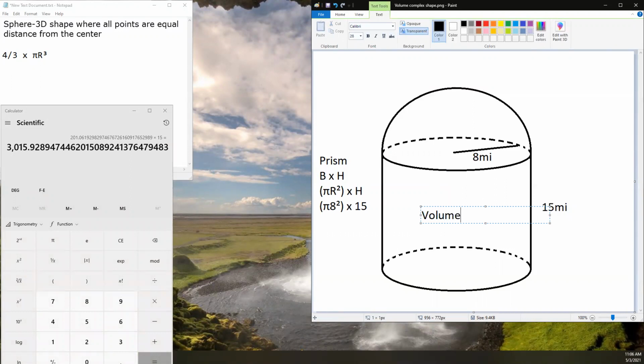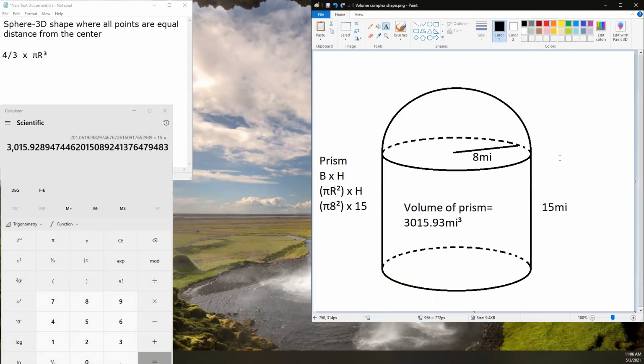So volume of this prism equals 3,015.93. That's going to be miles cubed. The volume of our prism down here.